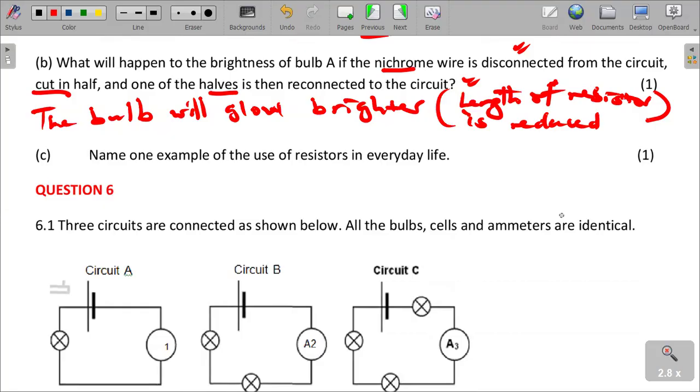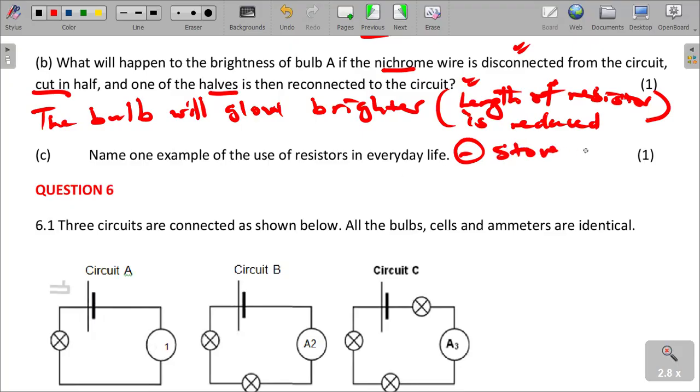Now, question number 6, name one example of the use of resistors in everyday life. We can talk about these elements. You can find them in geysers, in toasters, in stove plates.